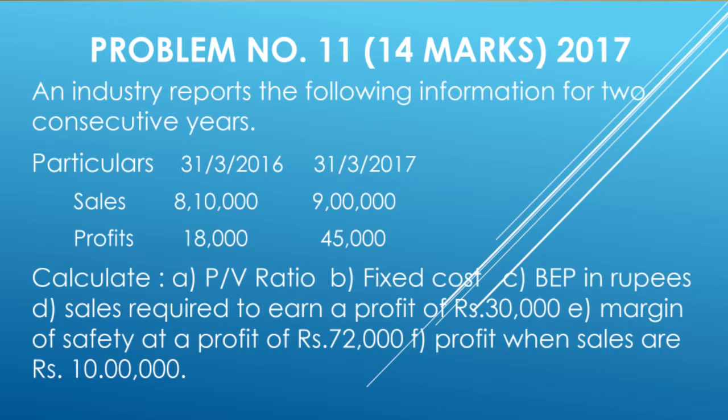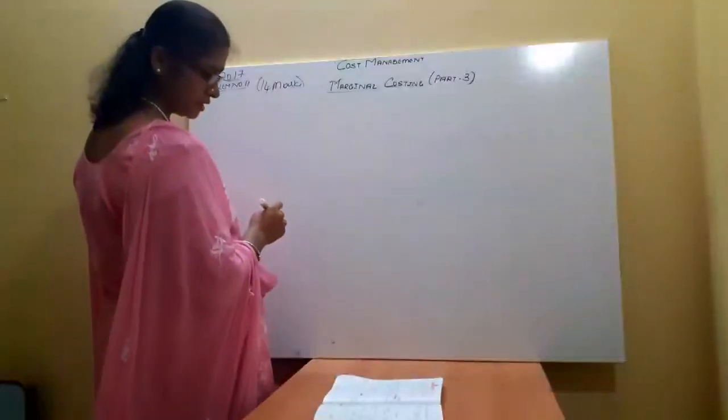They've asked us to calculate the PV ratio. They've also asked us to calculate the fixed cost, break-even point in rupees, and so on. Okay. So this is the 11th problem, which is asked in 2017 for 14 marks.